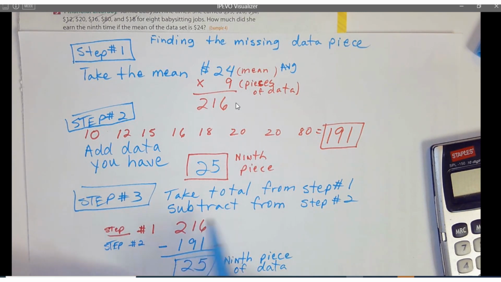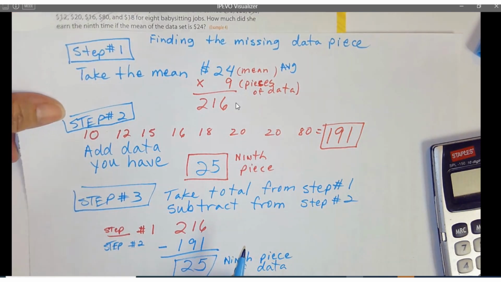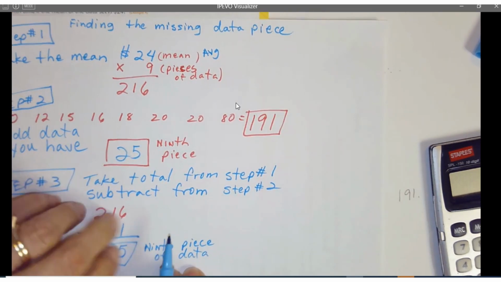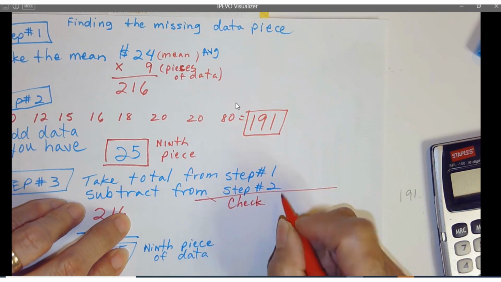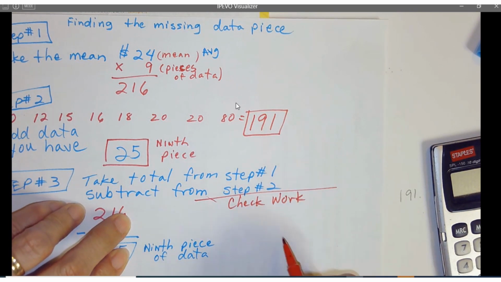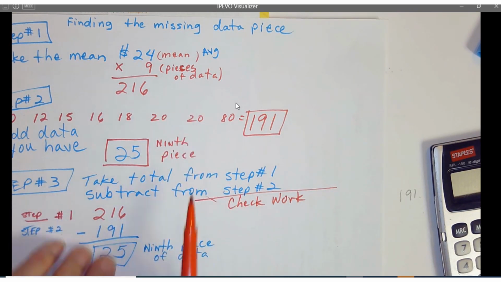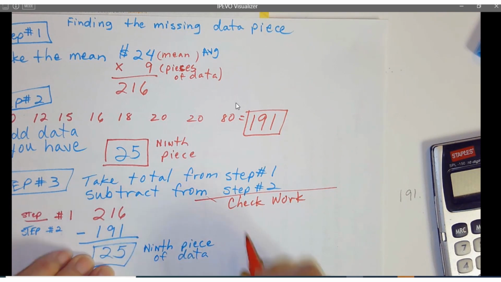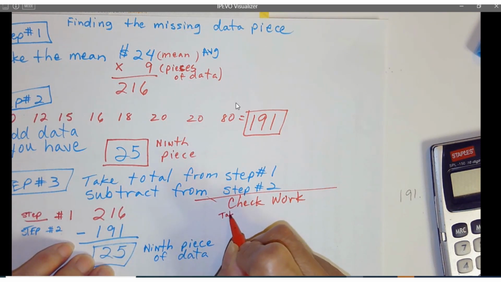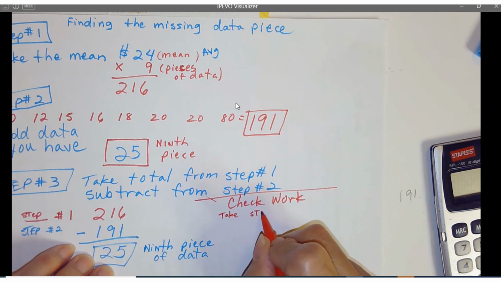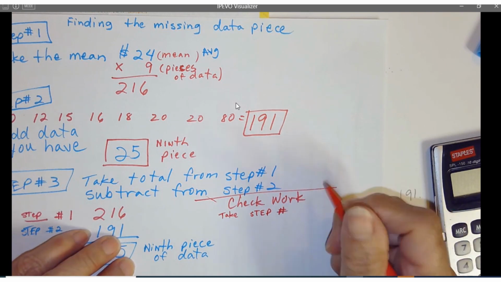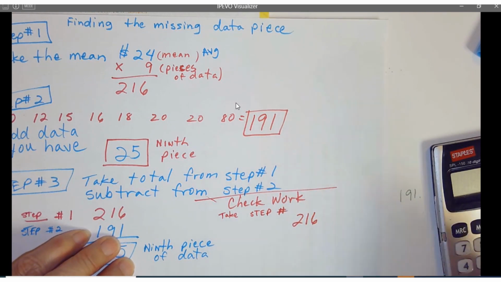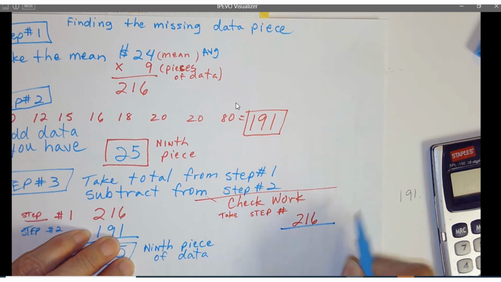Let's go ahead and take this to check your work. This is what you'll do. I'm going to put that over here. Okay, what you're going to do is you're going to take this total number, so you're going to take step 1, 216, and you're going to divide it by your number of pieces of data, which are 9.